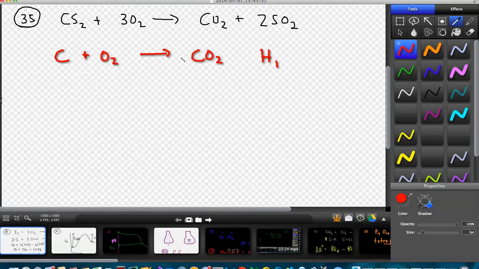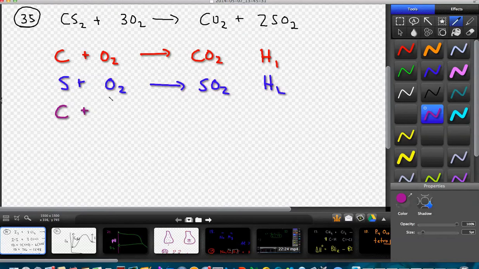Number 2, we have solid elemental sulfur plus O2 yields SO2, and that is defined as H2. Finally, we have C plus 2S yields CS2, and that is H3.